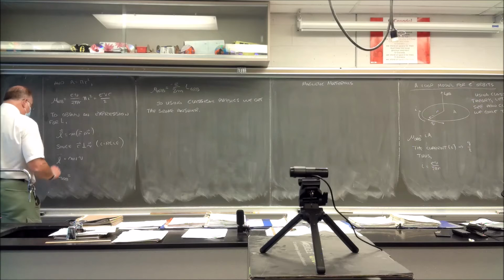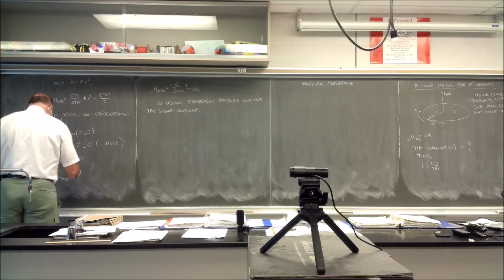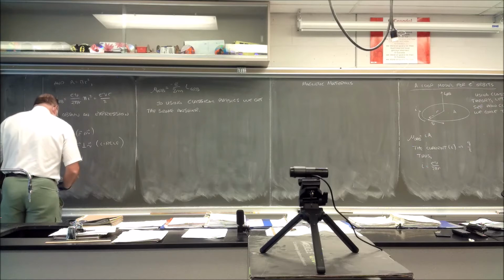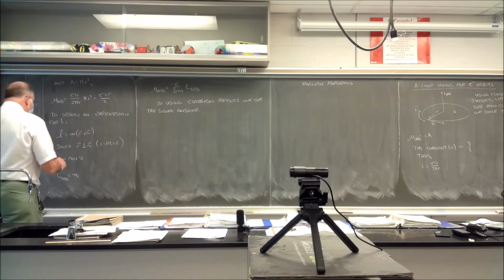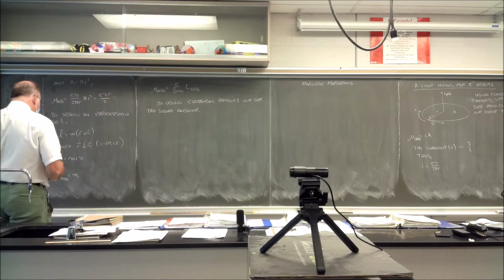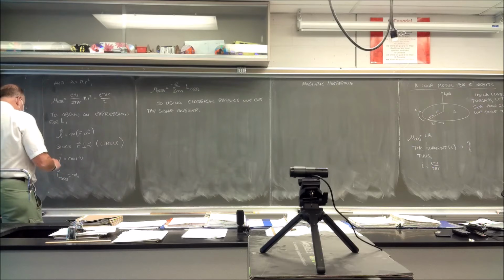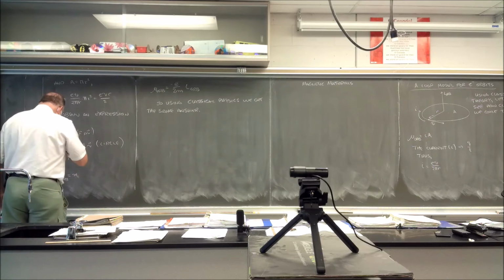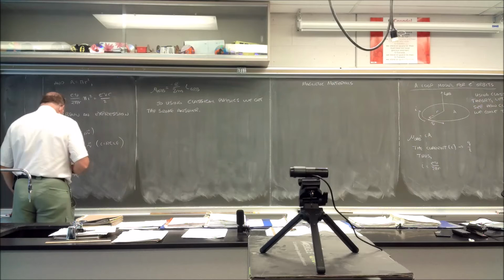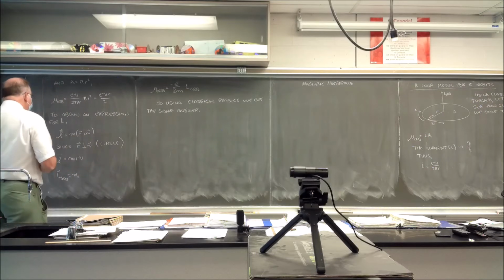And we have the mass of the electron, and then we have R and V. I've already combined it in some respects, but let me just do this for fun here.